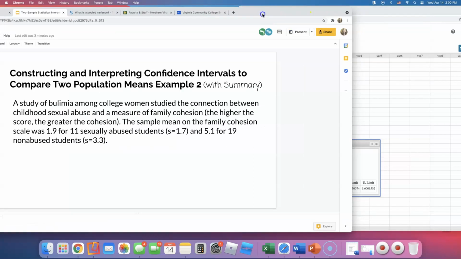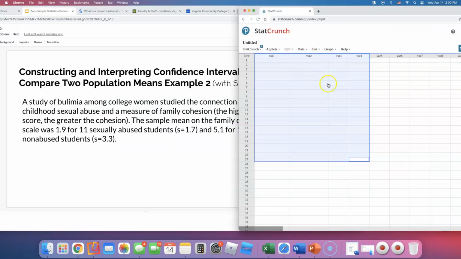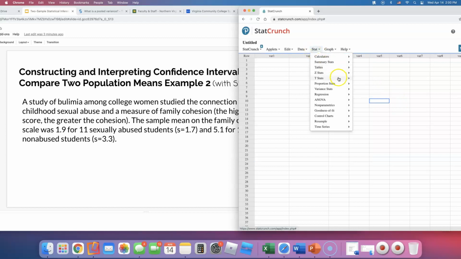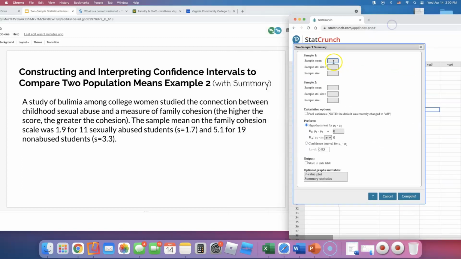This was the problem. So I'll delete all these. Stat, T-stat, two sample, and they gave us the summary of what they found out. I'll just go in order. 1.9 for the abused students, standard deviation is 1.7, and the sample size was only 11.